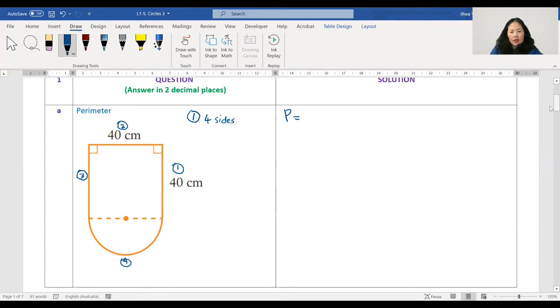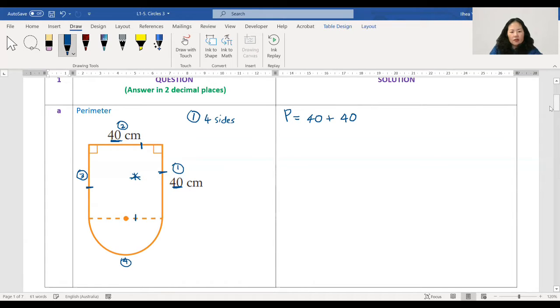I'm going to write down all the values. Number 1 is 40. All right, I'm not going to write the units at this point, just writing a number, 40. Number 2, 40 again. So number 1 was this one, 40. Number 2, 40 again. Okay, number 3 we don't know, but this shape is a square. That means all 4 sides are equal.